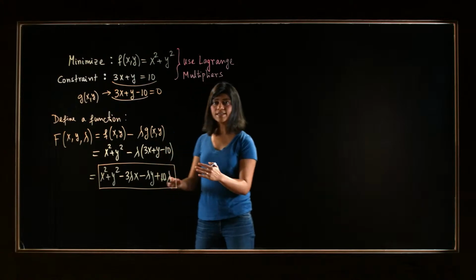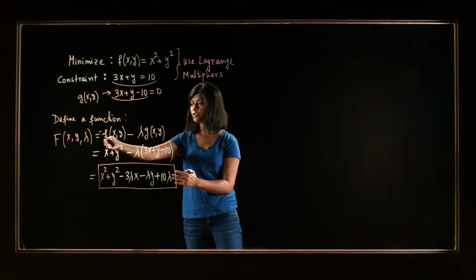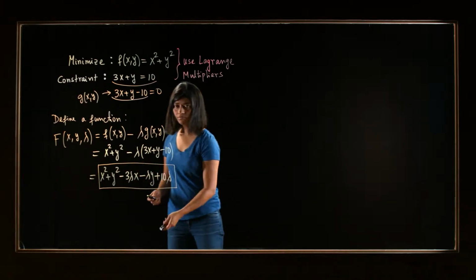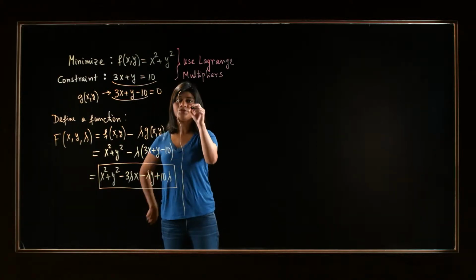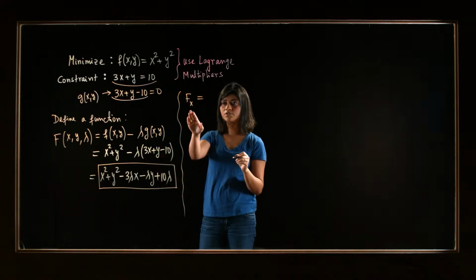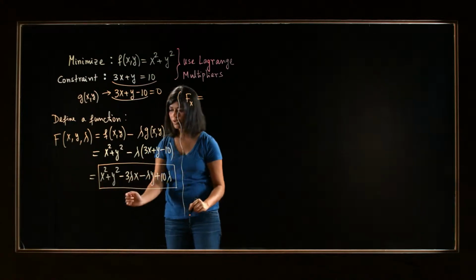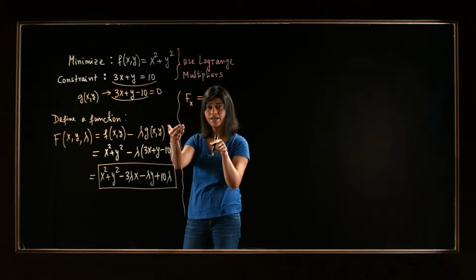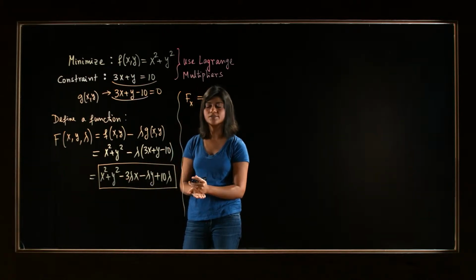Okay. So in the next step, we compute the first partial derivatives of F, so that we can figure out the critical numbers. All right. So let's compute Fx. So this is the partial with respect to x of this expression. Okay. So let's go term by term. Remember, partial with respect to x means the other two variables, y and lambda, are constant.